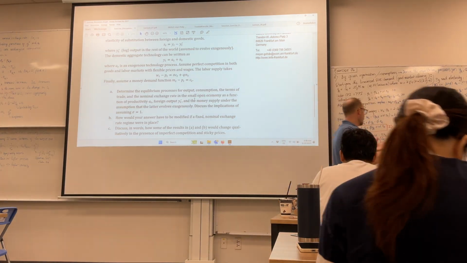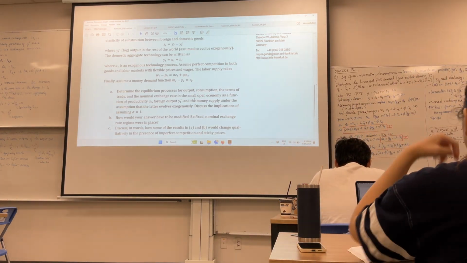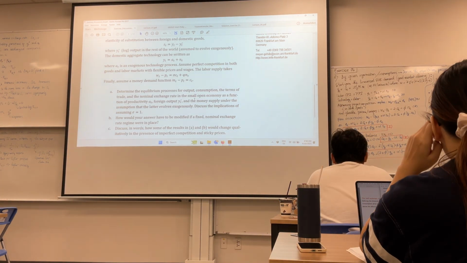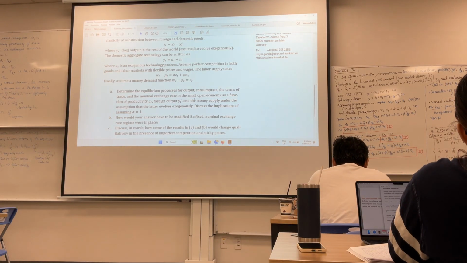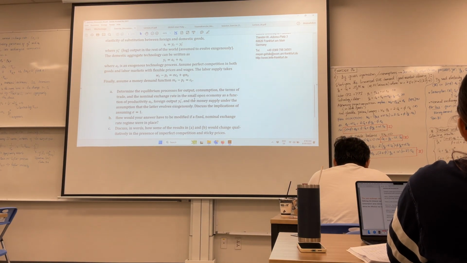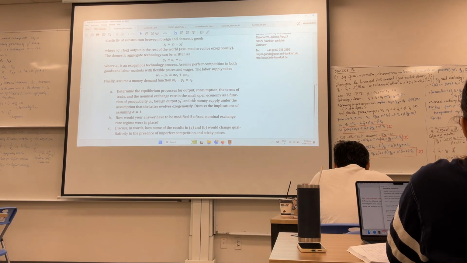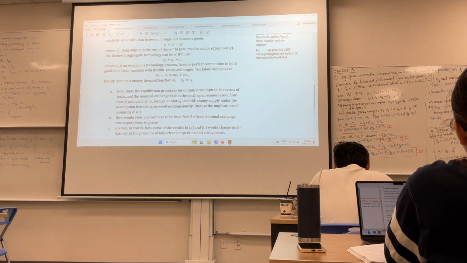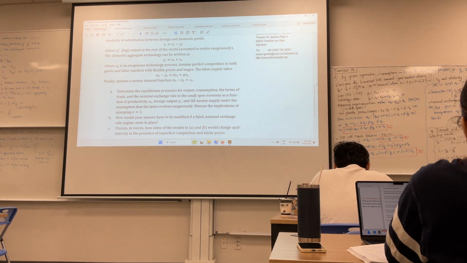Then as the terms of trade go up, which is a real depreciation, the question is whether this has... This is domestic goods over foreign goods, producer goods.